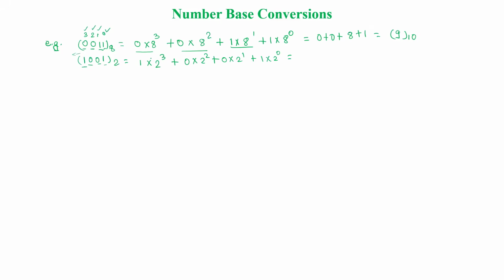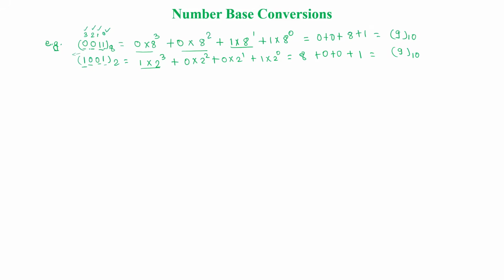So finally, the first term's value is 8, the second term 0, the third term 0, and the fourth term is 1, since 2 to the power 0 is 1, multiplied by 1 gives 1. So this is also 9, that is, base 10. Two numbers are said to be equivalent if their decimal equivalents are equal.